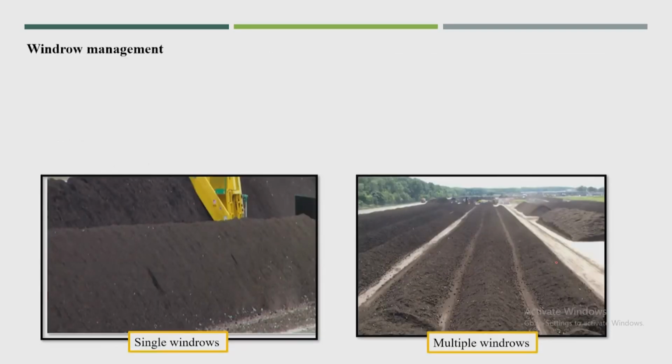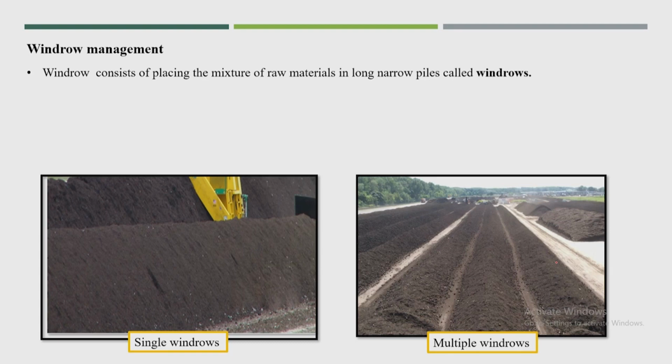Then we will go for the windrow. This is similar to a composting windrow, but try to make it as small as possible so that you can turn it very easily. A windrow consists of placing the mixed raw material in long narrow piles.